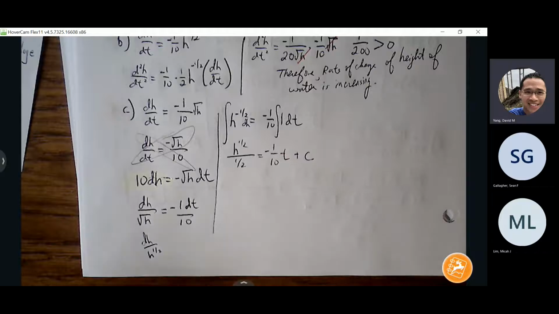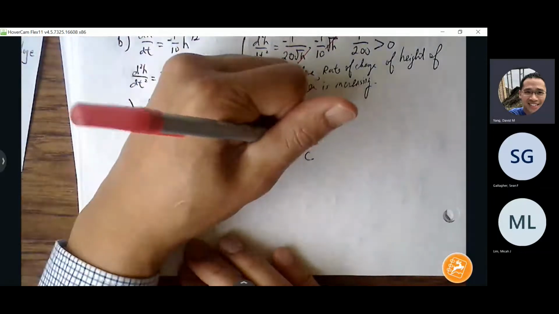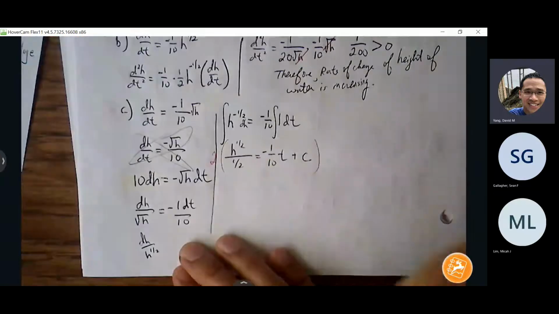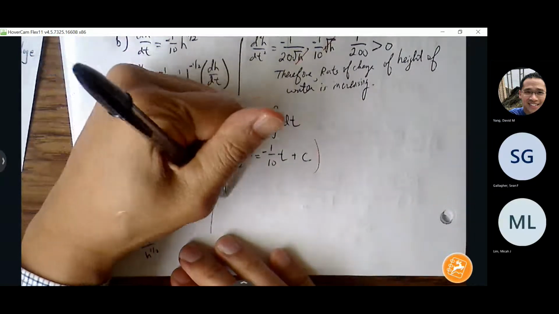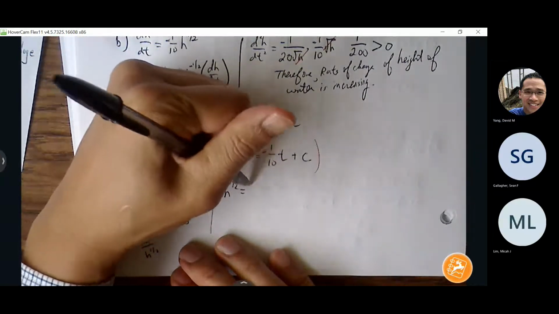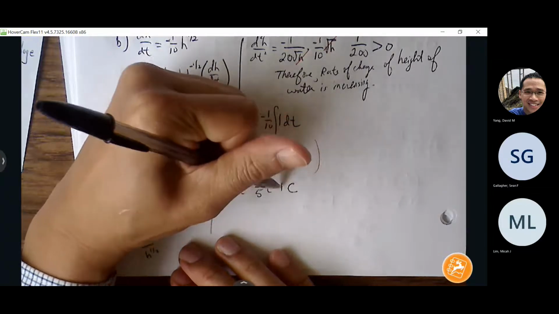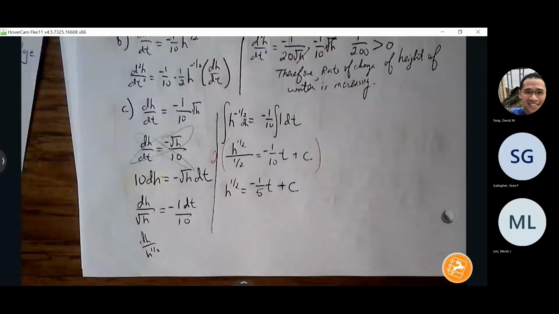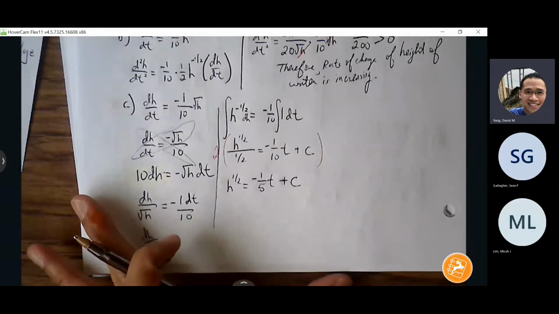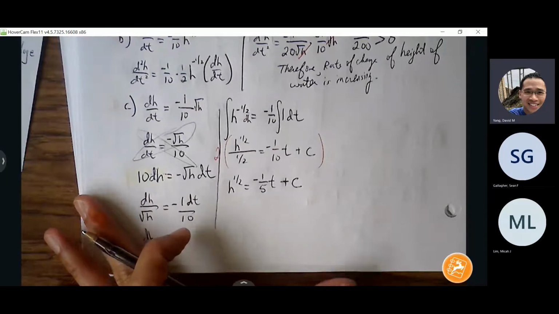I'll do some cleanup first, multiply everything through by 2, so I don't have to stare at that complex fraction there. Okay, at this time, I'd like to go ahead and start finding my C value.